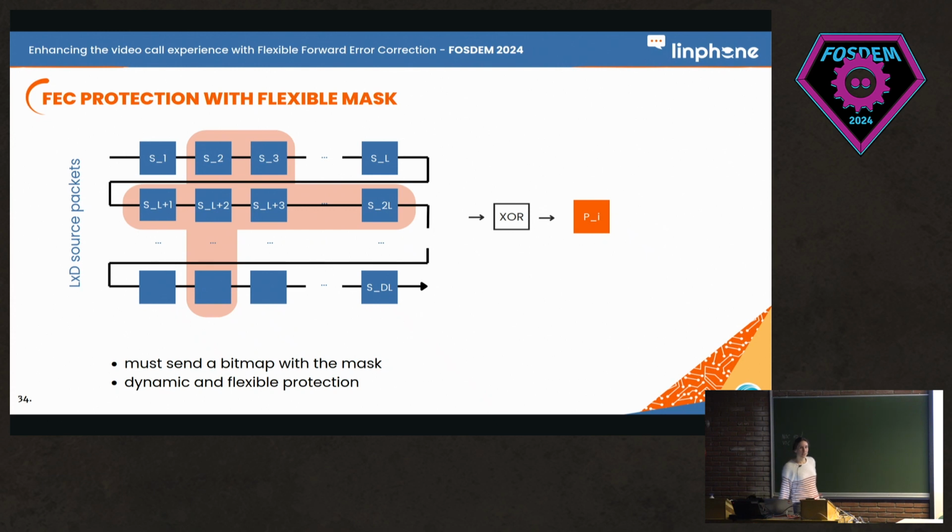Yes, so the question is if you can protect, for example, the keyframes of the video conference. Yes, it's a way to choose which packets you want to protect. If you don't want to protect everything, but mainly the keyframe, it's a good approach. Or you can apply the one-dimensional or two-dimensional protection only when you have the packets of the keyframe.